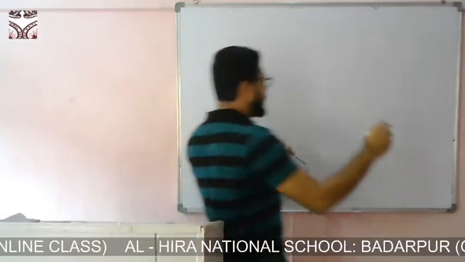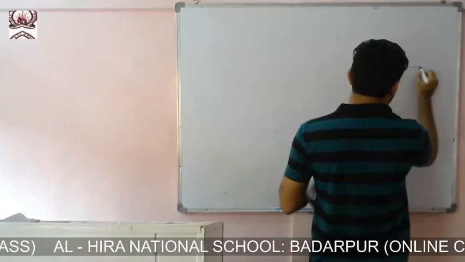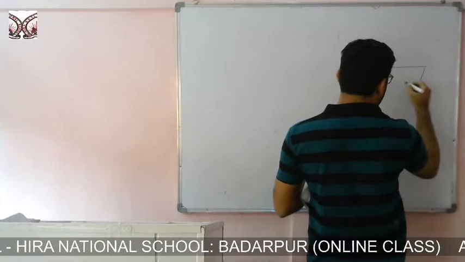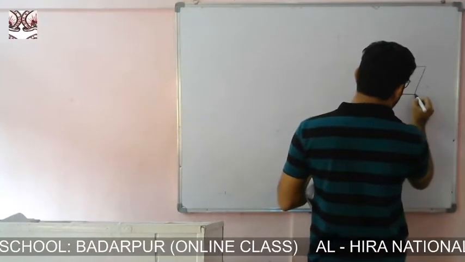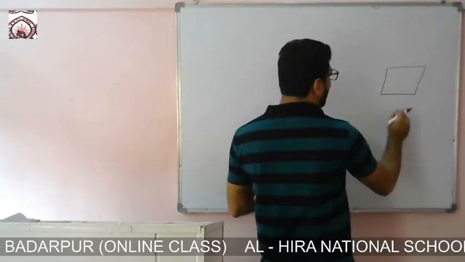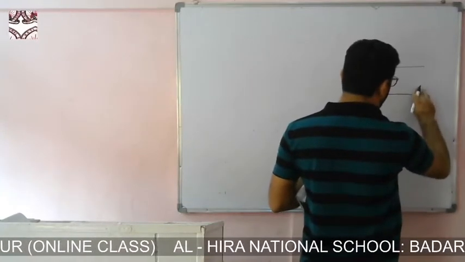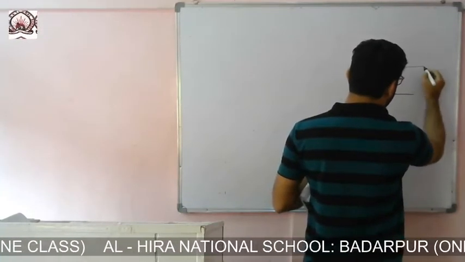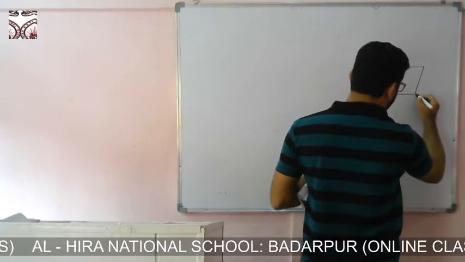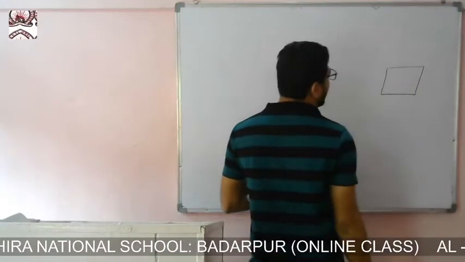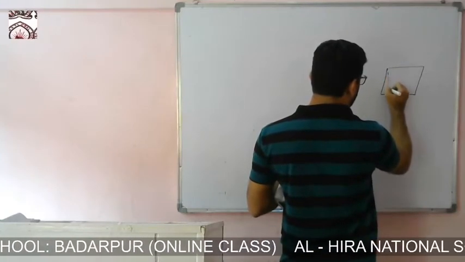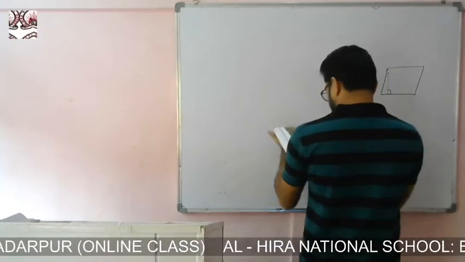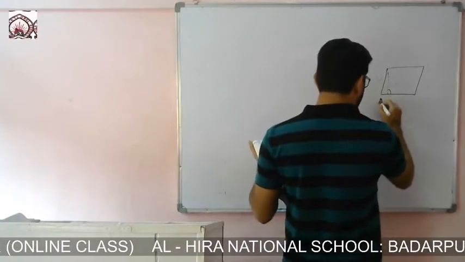See, suppose this is a rhombus. All sides are equal. So that is the height. Give it the name ABCD like this.